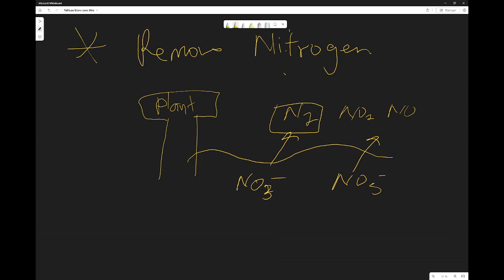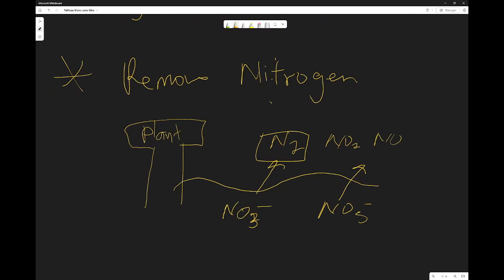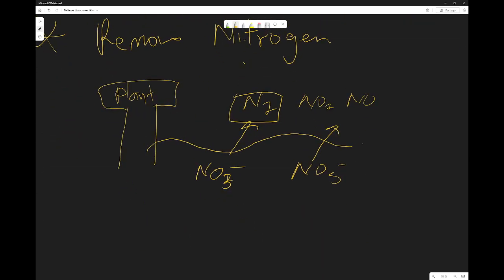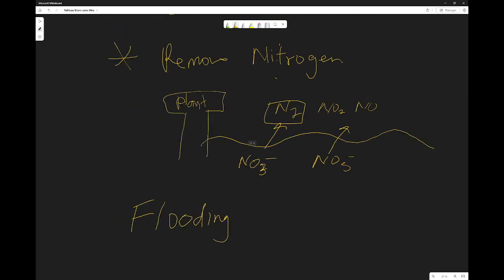And note, denitrification happens well in wet and swampy areas where there's less oxygen in the soil. So that means that if we tend to have some things like flooding or a large amount of rainfall, this can increase the rate of denitrification and leach nitrogen from the soil.